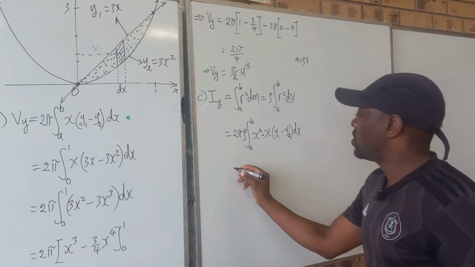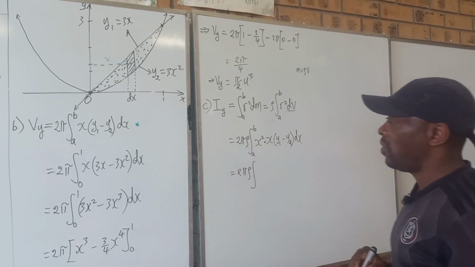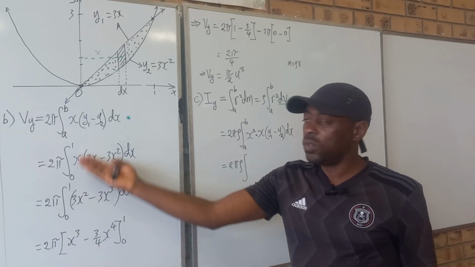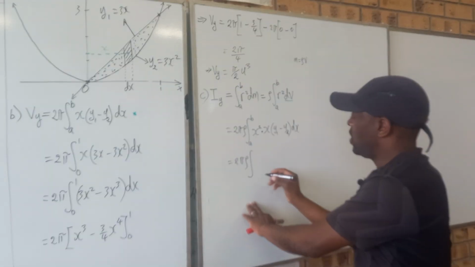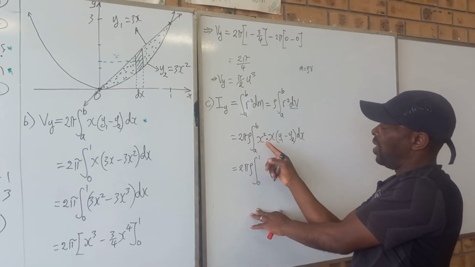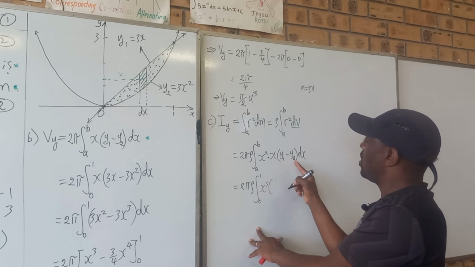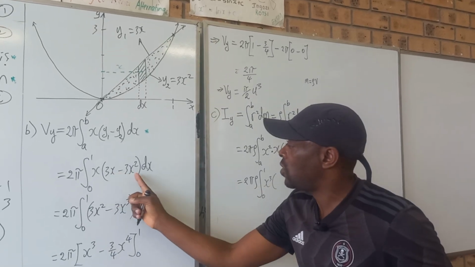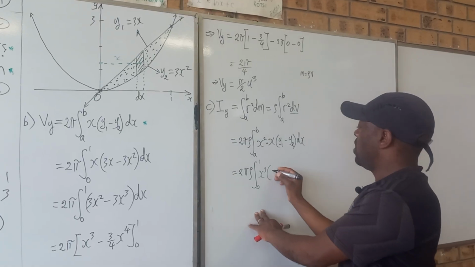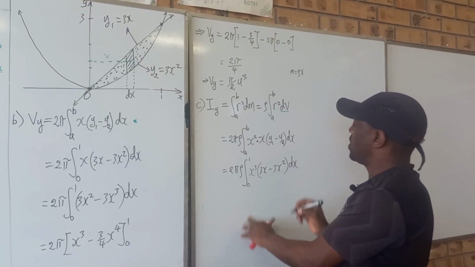Now I can start my substitution. So I get 2 pi density, the integral from a to b. My a to b here are the same a and b I used under volume. So that was from 0 to 1. Now you see that we have x cubed here. X squared times x is x cubed. Then my y1 minus y2 is the same y1 minus y2 I used under volume, or I simply read from my graph, which is 3x minus 3x squared dx.